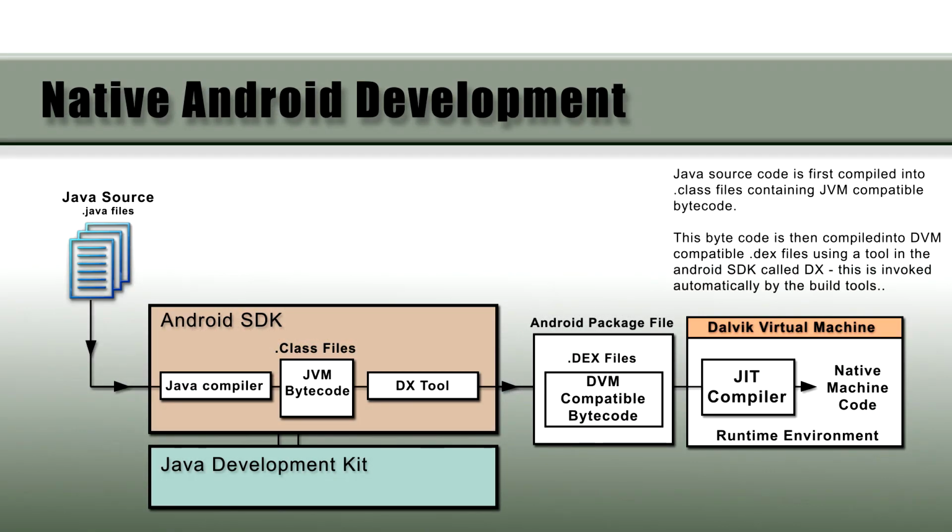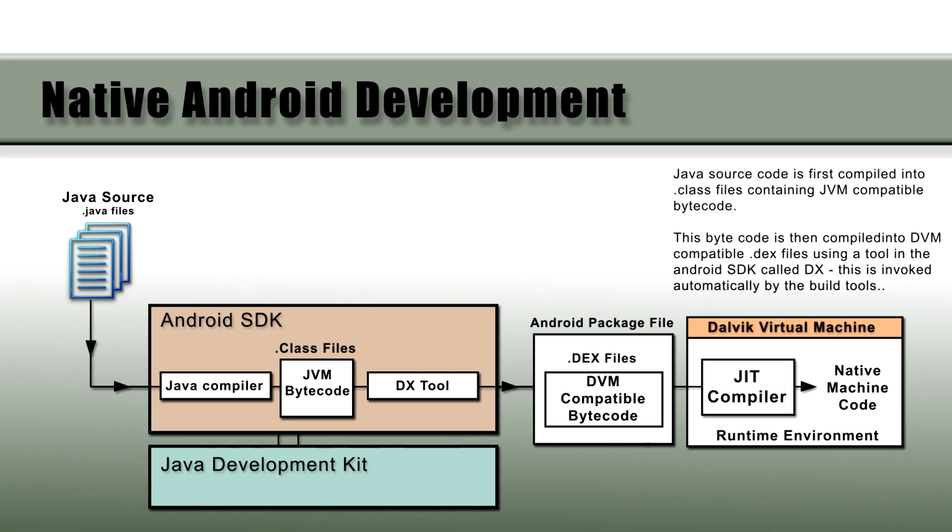Now when developing for Android, the situation is a little bit different. The Java bytecode generated by the first phase compile is not directly executable by the Dalvik virtual machine. Instead, the Java class files are then compiled into DEX files, Dalvik executable files, by a tool that's included in the SDK called dx.